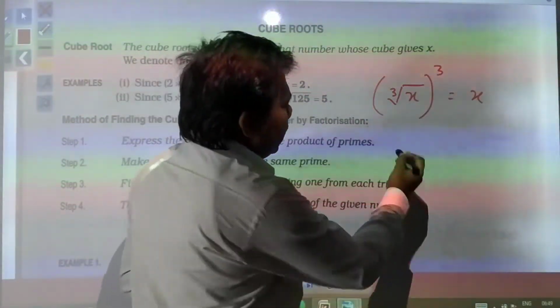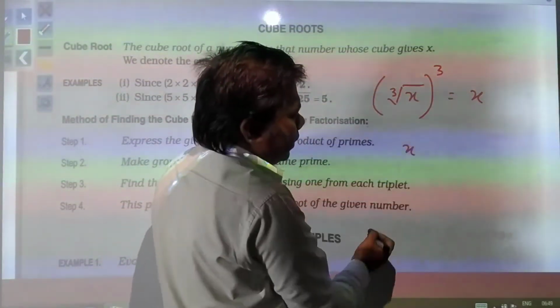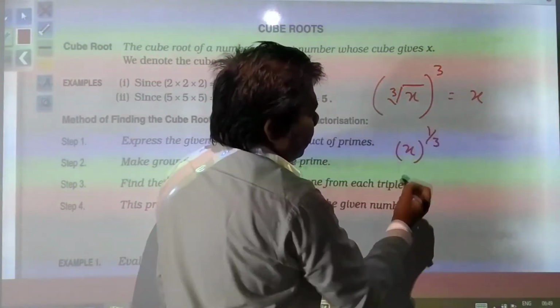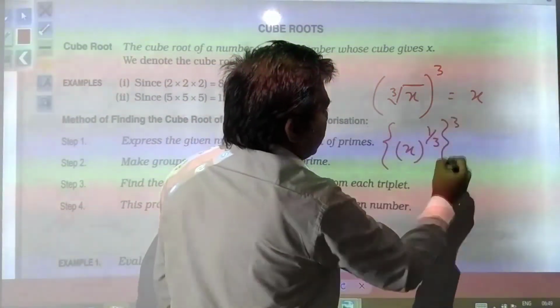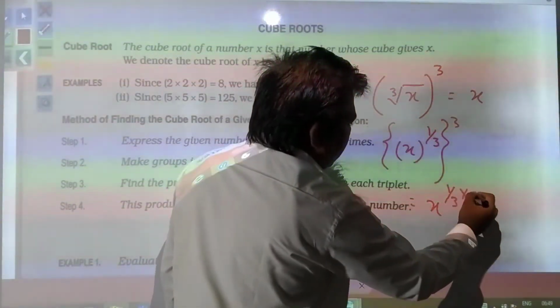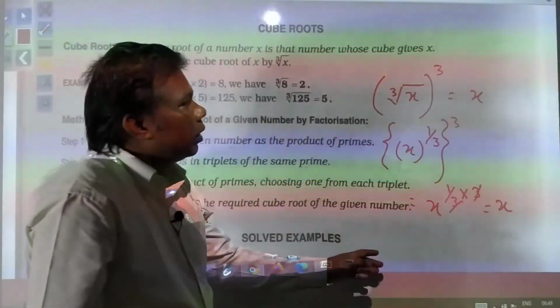As you have learned before, the cube root of x can be written as x to the power 1 by 3, and when it is cubed, it is x to the power 1 by 3 into 3, and this will cancel and you will get x.